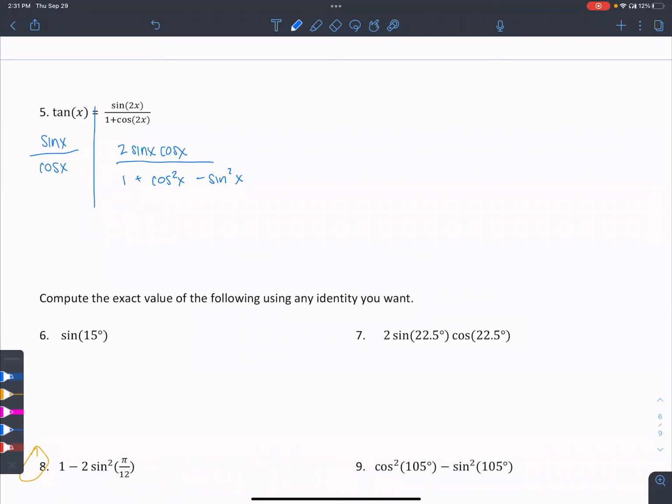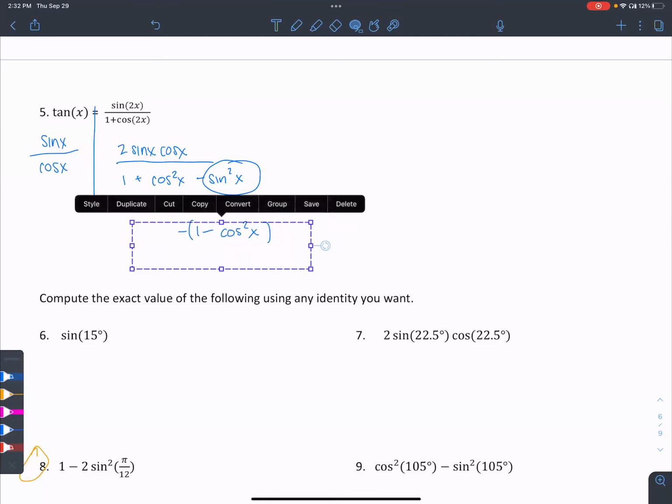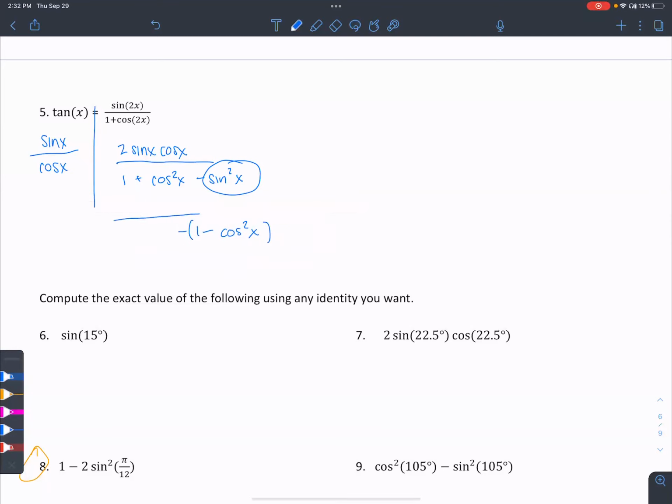I want to cancel that cosine out of the top. I make this 1 minus cosine squared x, just using a different version of the double angle identity.